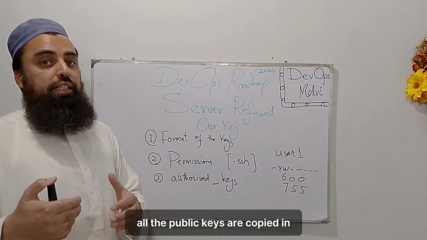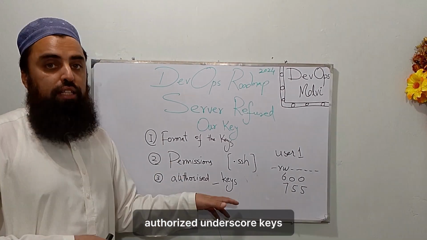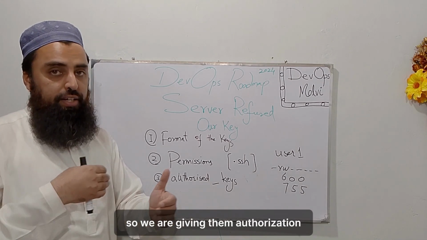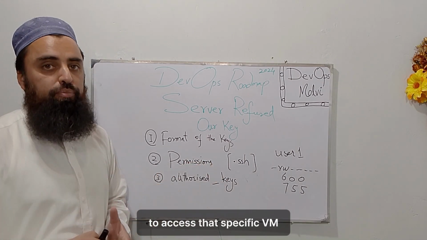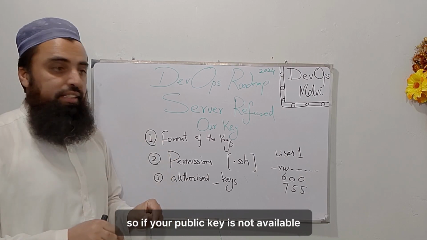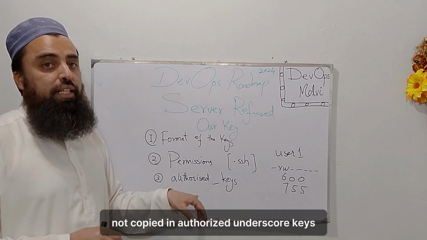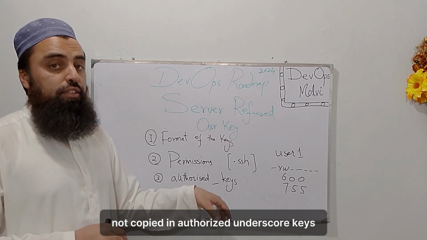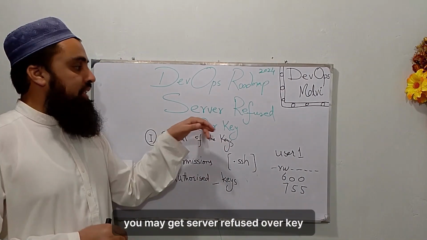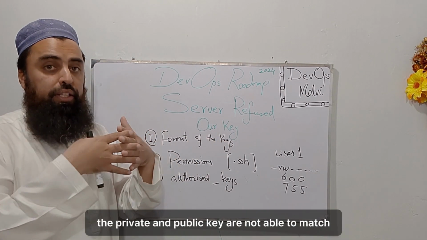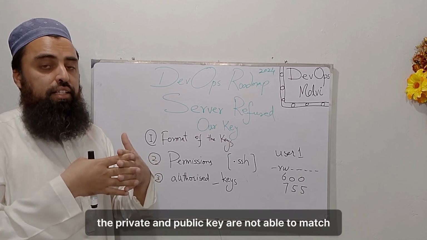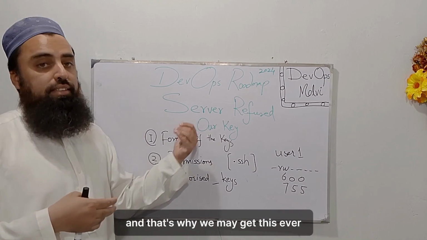All the public keys are copied in authorized_keys, so we are giving them authorization to access that specific VM. So if your public key is not copied in authorized_keys, you may get "server refused our key" because the private and public key are not able to match, and that's why we may get this error.